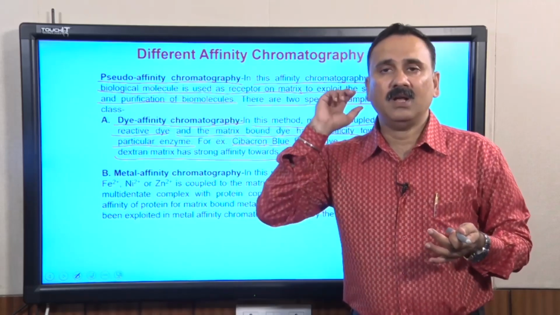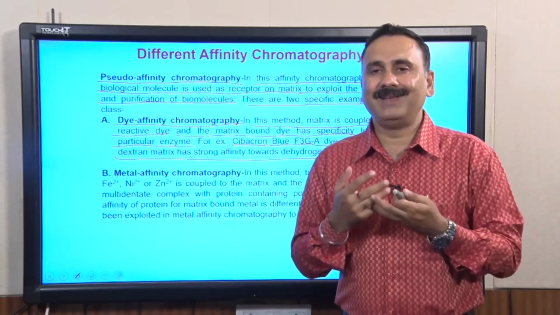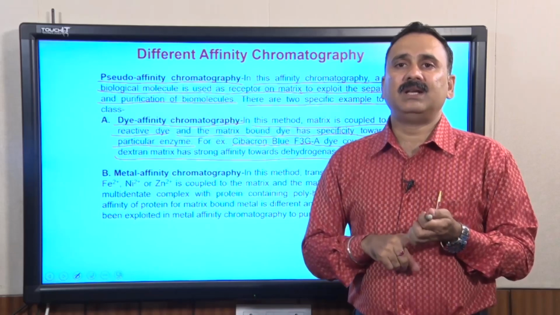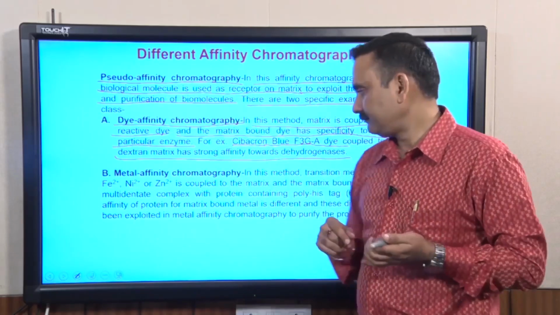It is going to bind pyruvate dehydrogenase, lactate dehydrogenase, and any dehydrogenase which utilizes NADH as a cofactor or substrate.